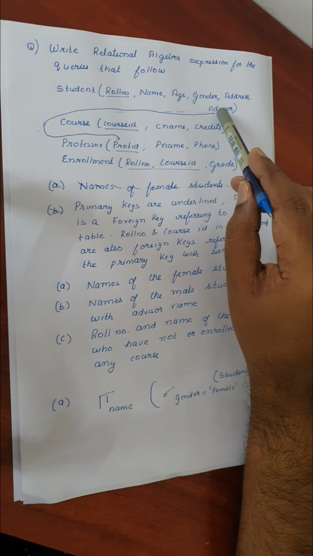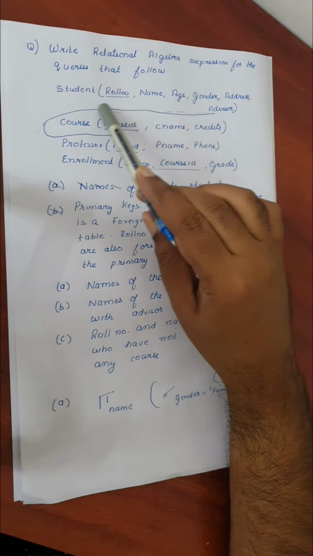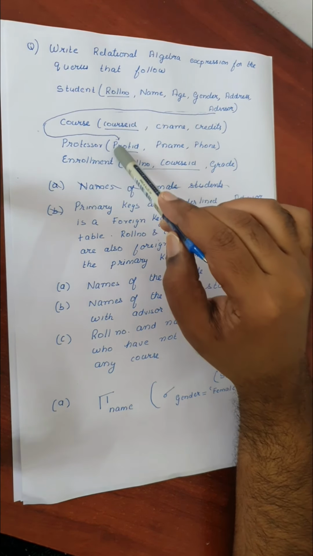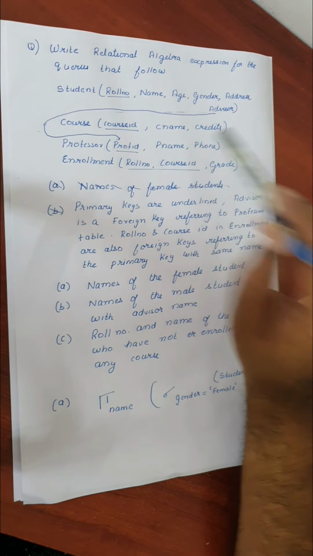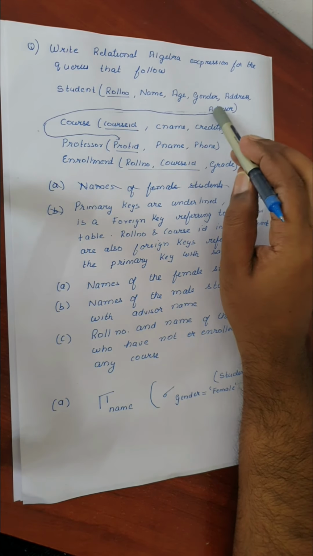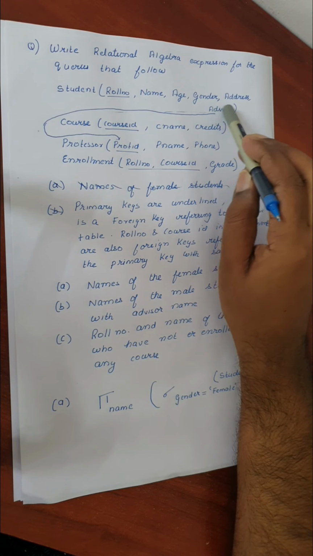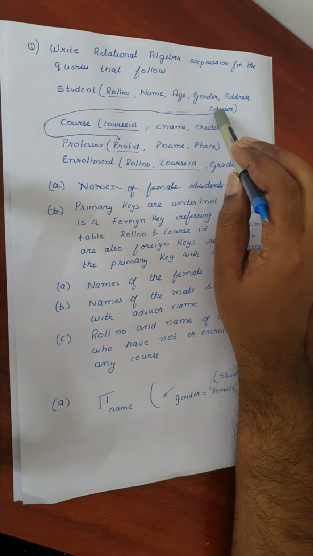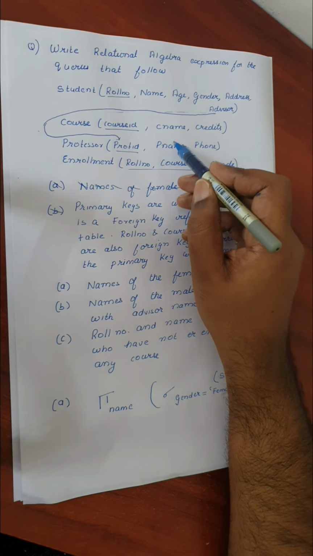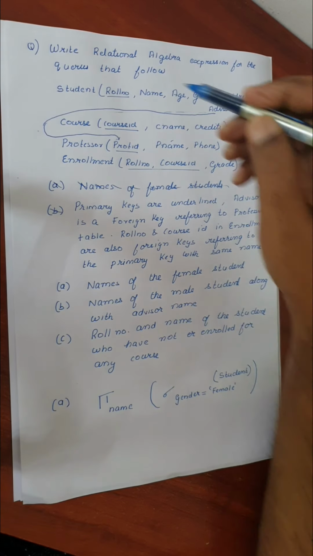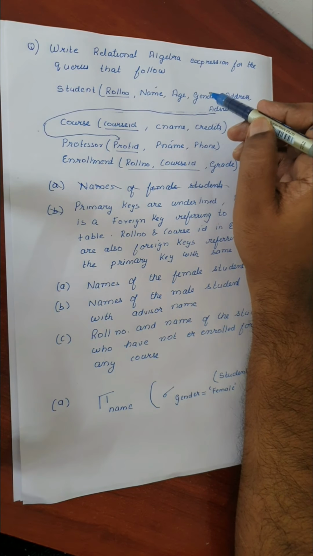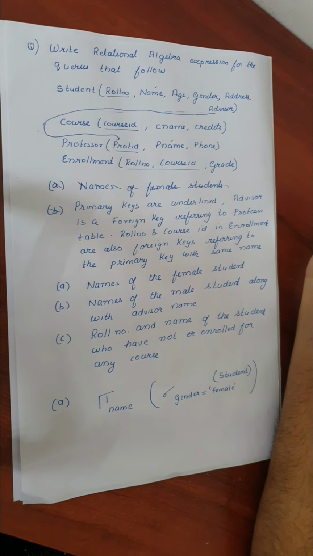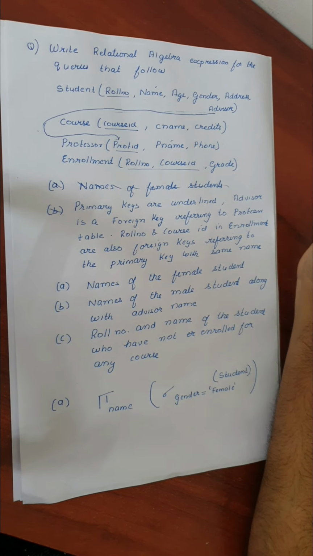We have already said that this advisor is a foreign key referring to the professor table. So for the advisor's name, they want the professor name. From here we cannot get the advisor name, because we only have the ID of the advisor, the advisor's professor ID. So we want the professor name, along with the name and gender of the student.